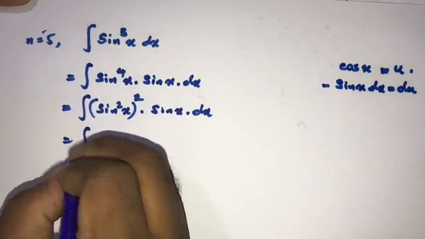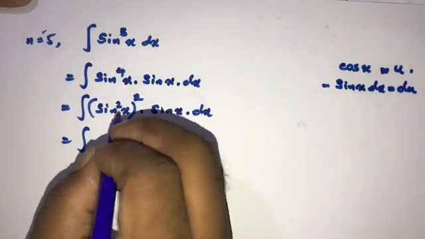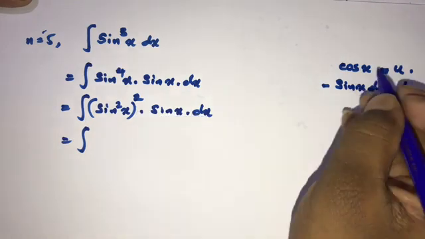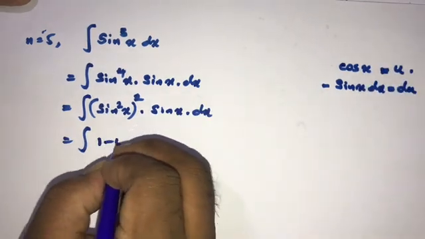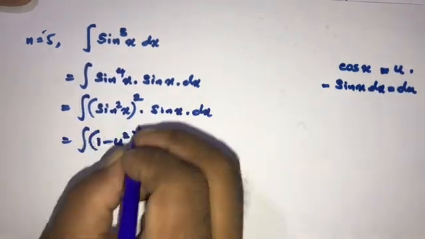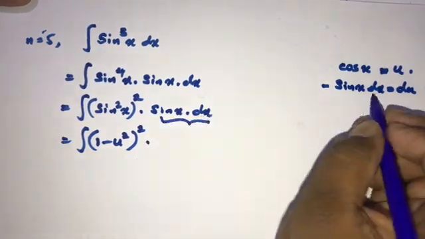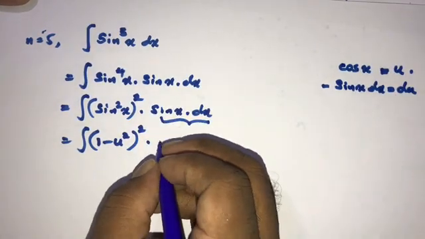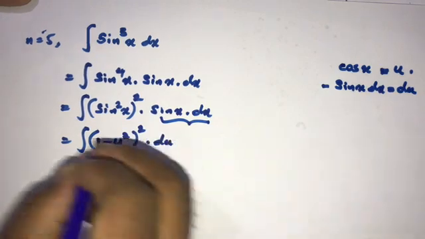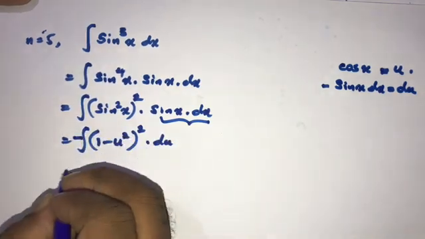Now we know sine square x is equal to 1 minus cosine square of x, so 1 minus u square squared. Now sine of x dx is equal to minus du, so minus the integral.